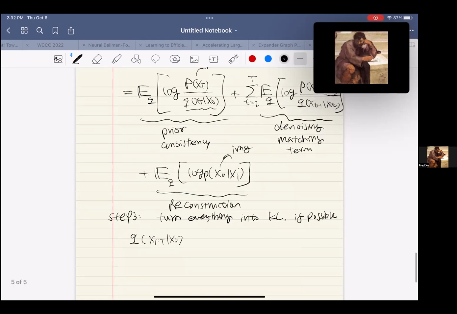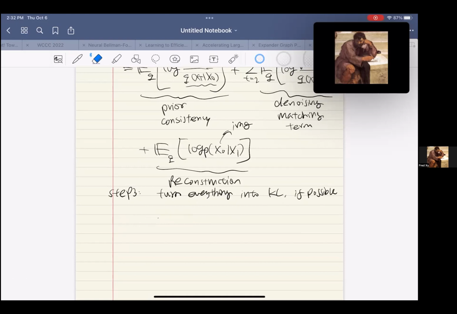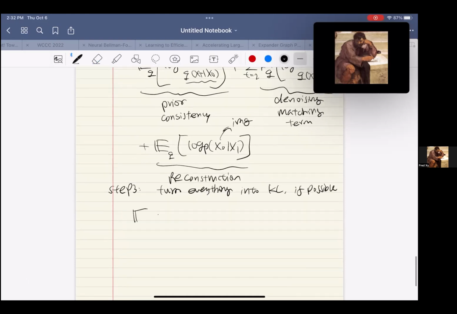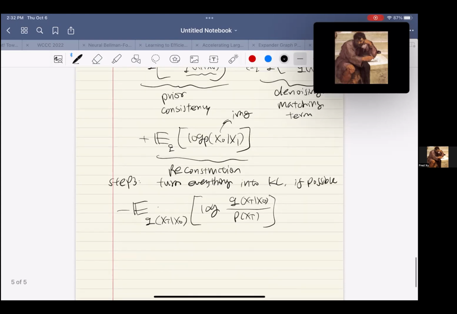So if we take the expectation, we can just keep the last term. The first term is just the expectation of Q of xt given x0, and we can rearrange, use a negative here, with the Q above and the P below. So in a way, this is the negative KL divergence of Q of xt given x0 and P of xt.